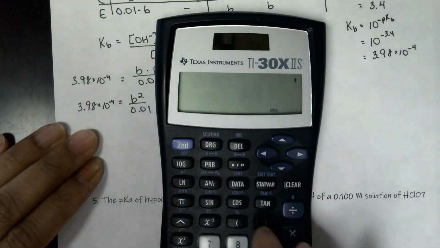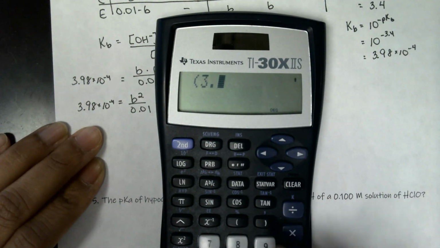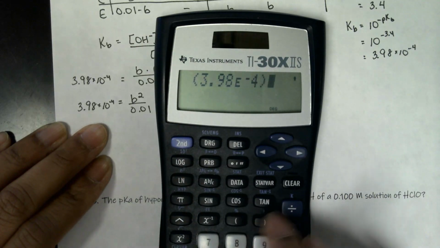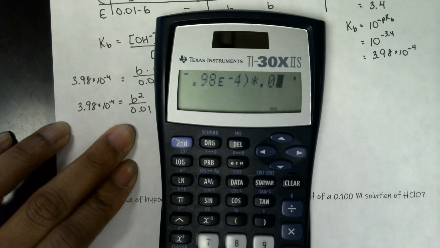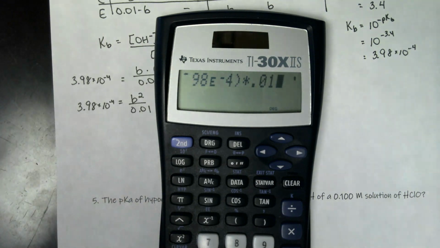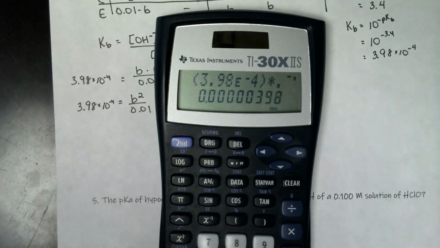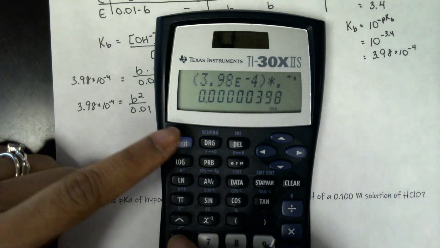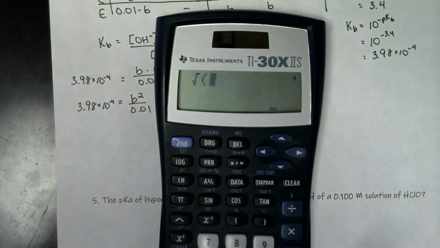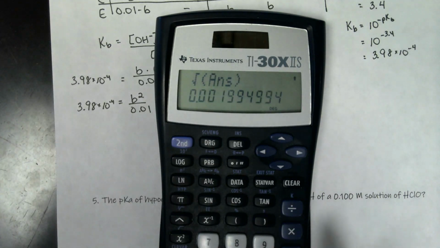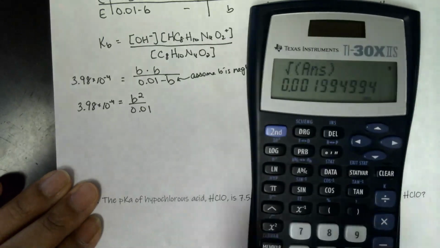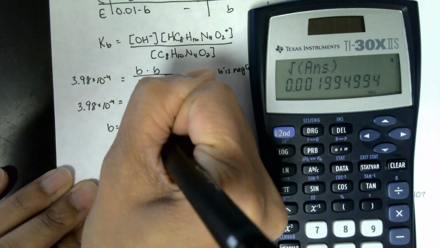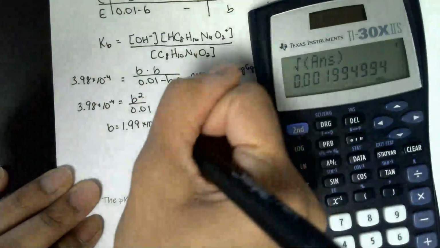And let's throw this into our calculator. So 3.98, and then use the second EE button, negative 4, times 0.01. And notice I put the stuff that's in scientific notation in parentheses because I'm just trying to save myself some issues and prevent any errors. Then I want to take the square root of that, and I get 1.99 times 10 to the negative 3.